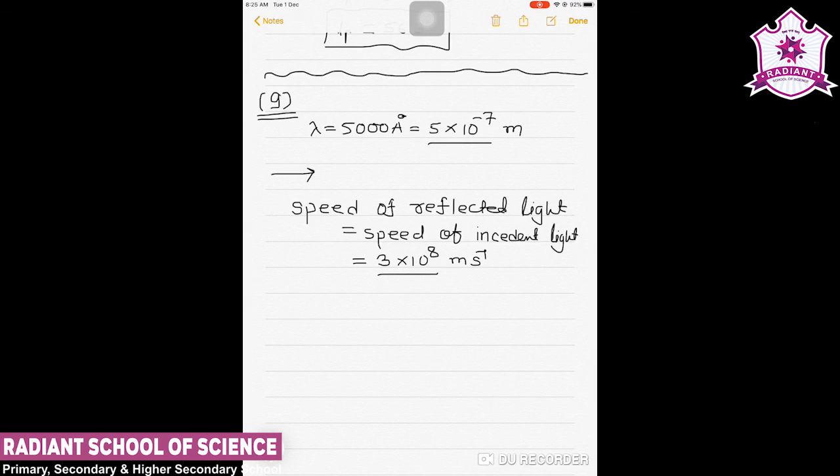Now the wavelength of reflected light is also the wavelength of incident light, so it will be true for the wavelength also.